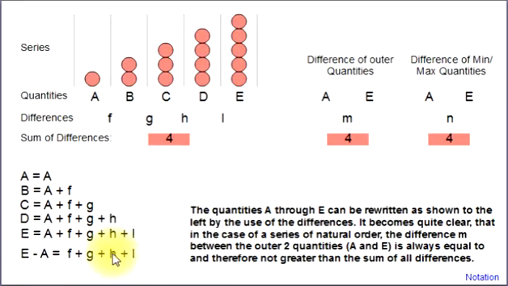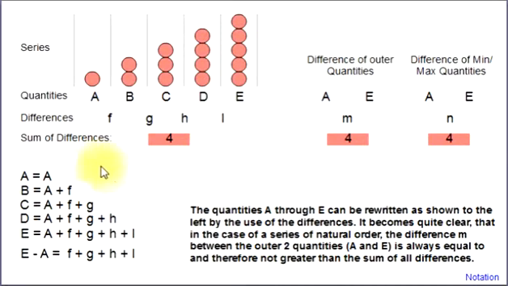So this relationship is telling us that the difference of the outer quantities A and E in this case can never be larger than the sum of all differences in the series. So E minus A is always equal to F plus G plus H plus L, and never larger than that.